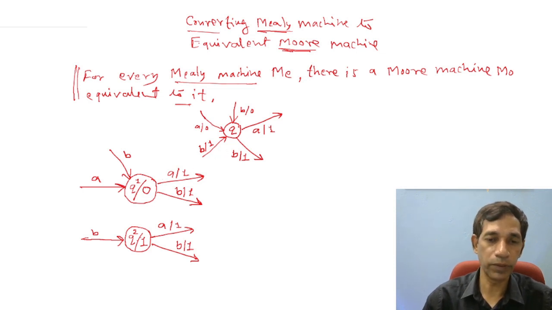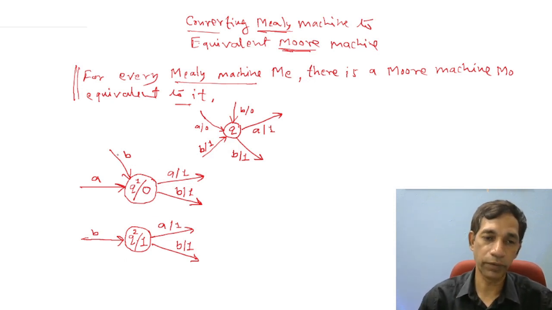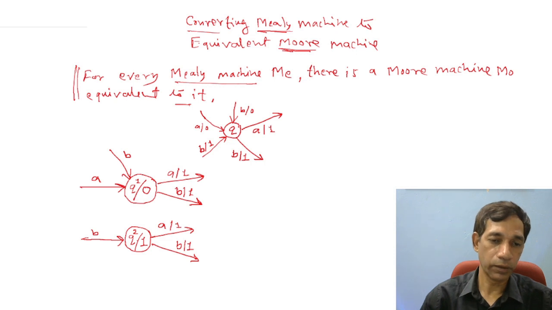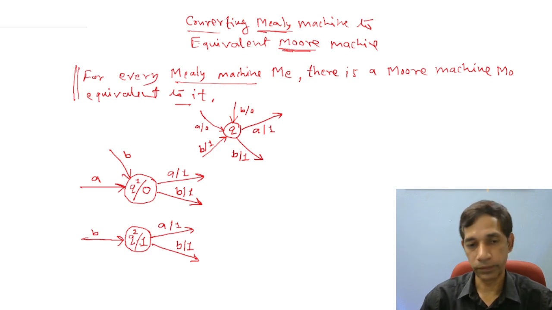So we have the two copies, and for the case of the output 0, whatever incoming edges are printing the output 0 come to this state, and whatever edges are printing the 1 come to the second copy Q slash 1, and whatever outgoing edges are there, they remain the same. So this state we can obtain in this kind of equivalent form.